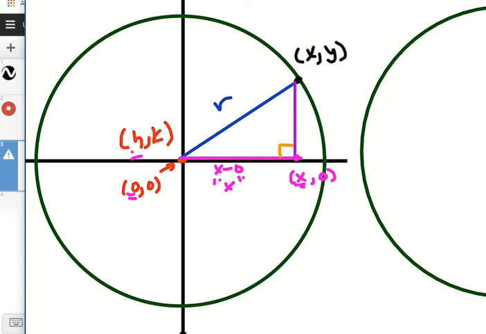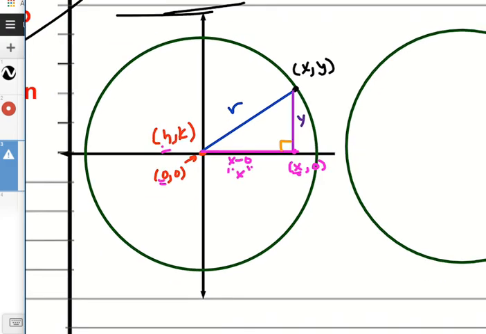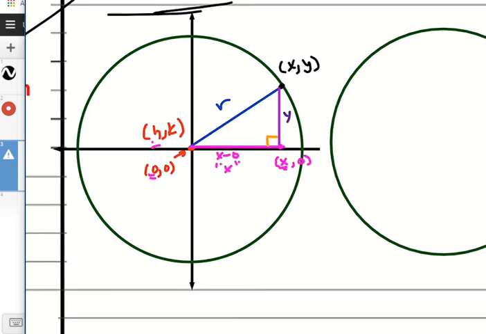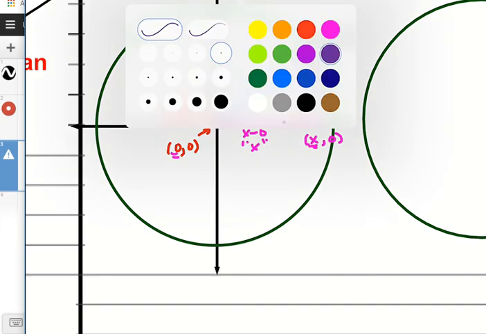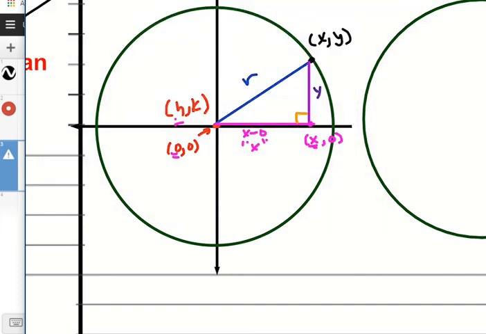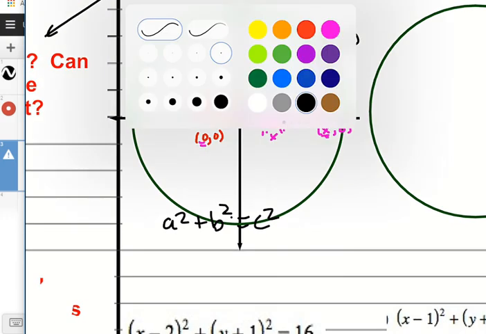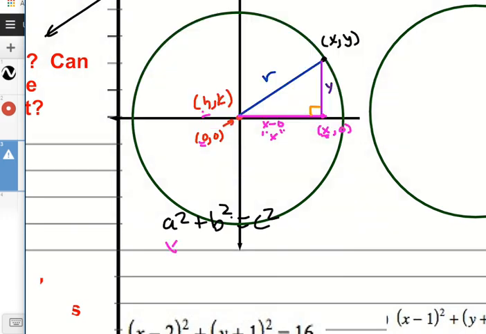So the equations can still start at a squared plus b squared equals c squared, and we can still substitute in values. We can still substitute the x squared and add the y squared, and that can still equal the radial squared value.